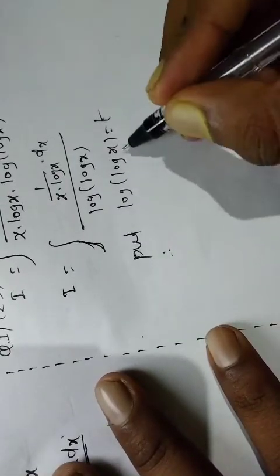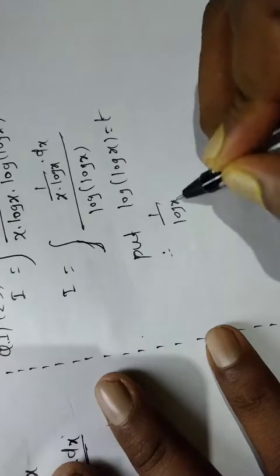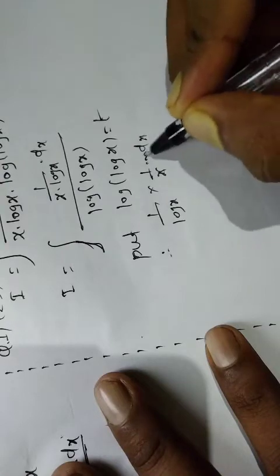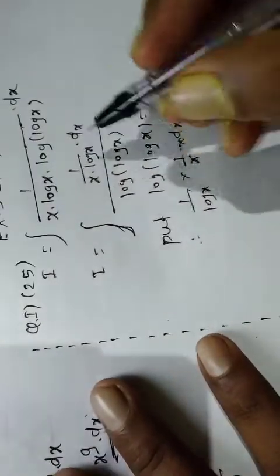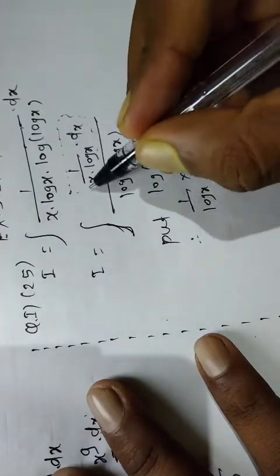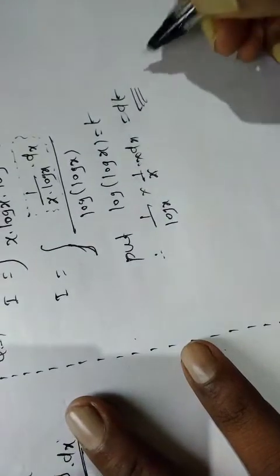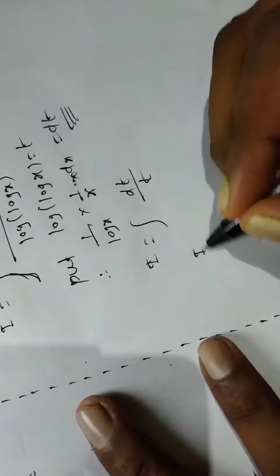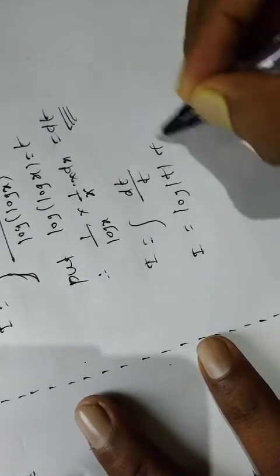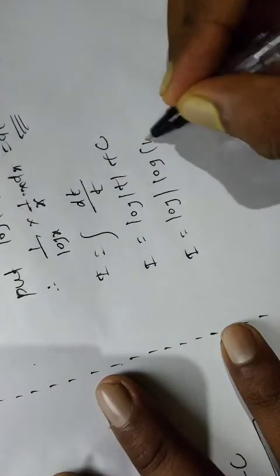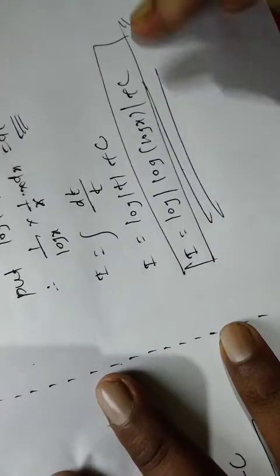First we take the derivative of the outer log, so 1 upon log x, and then the derivative of log x, which is 1 by x, and then dx is equal to dt, right? This complete part of the numerator is replaced by dt. So the question becomes dt upon t, and we know this is nothing but log of mod t plus c. Finally we write log of mod of the value of t.